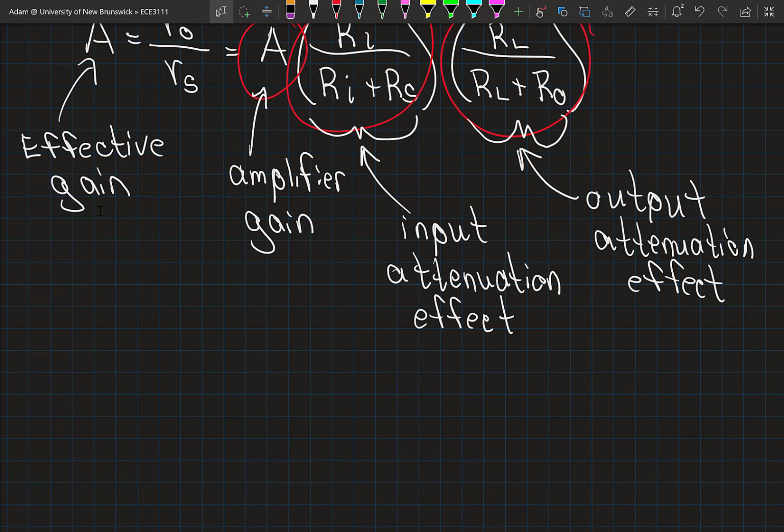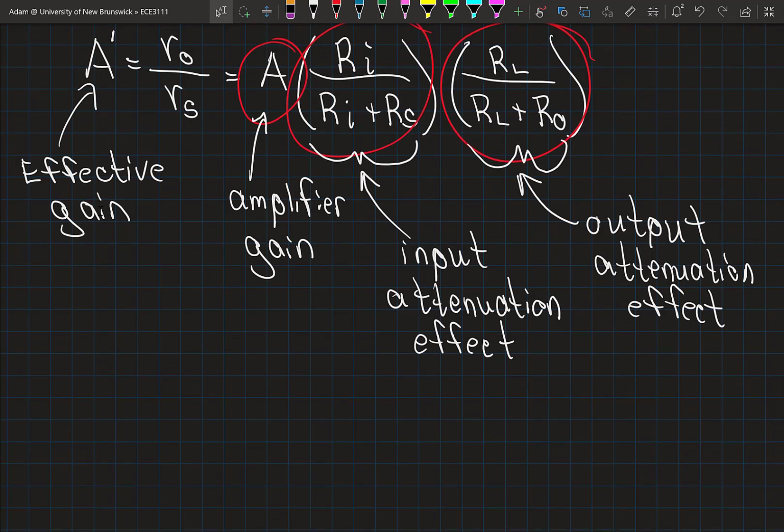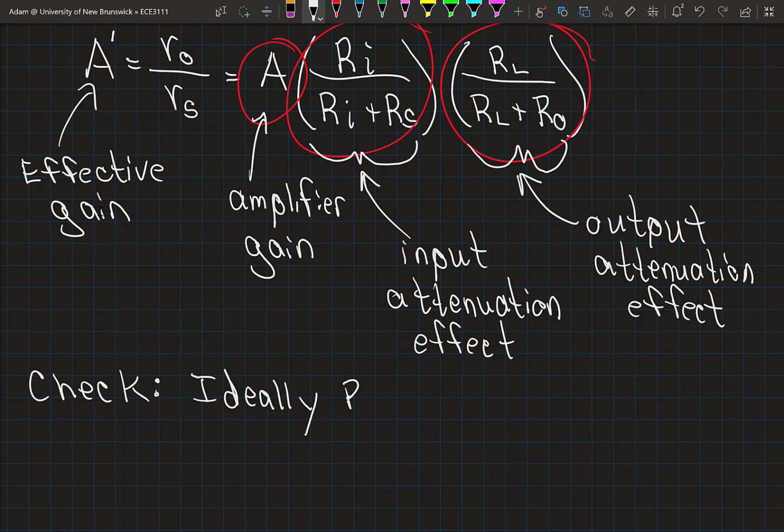Let's just do a check to make sure that this expression we came up with makes sense relative to the ideal case we looked at last day. So if I do a check on this equation and say, well, last day we said ideally a voltage amplifier would have an input resistance that's infinite and an output resistance that's zero.